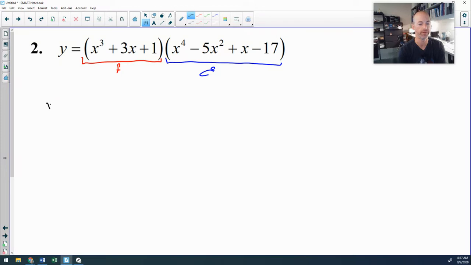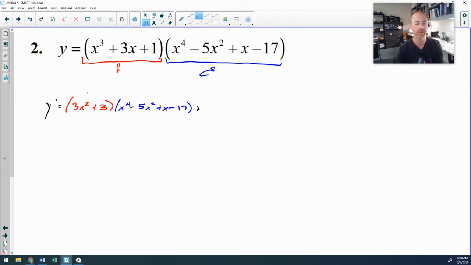So my derivative, y prime, I'm going to start with the derivative of f, 3x squared plus 3, leave the g function alone, x to the 4th minus 5x squared plus x minus 17. Then I will add to that, and now we flip whichever one we did the derivative of.